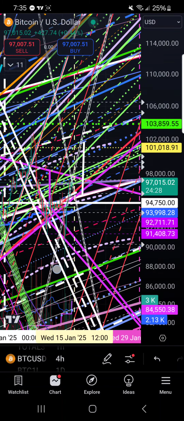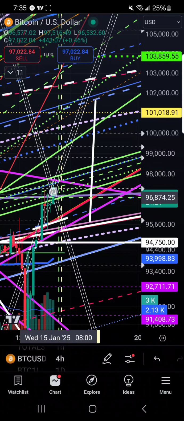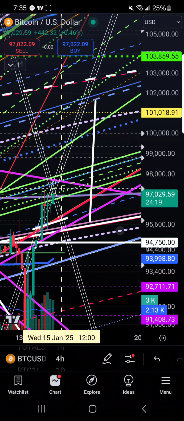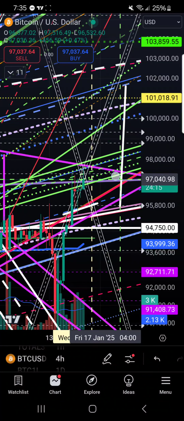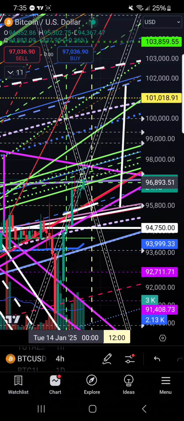So yes, this fuchsia colored line is the top of that triangle. And of note, this triangle took us consolidating around this CPI data release, which I pointed out a long, long time ago when I made this triangle.